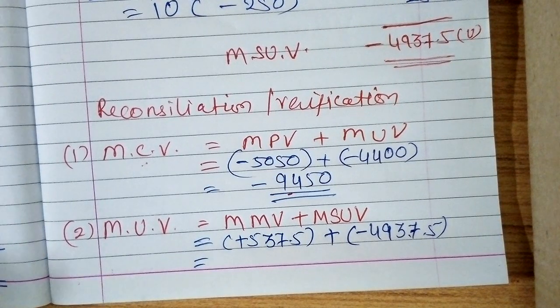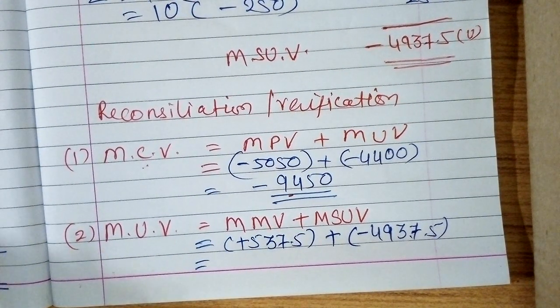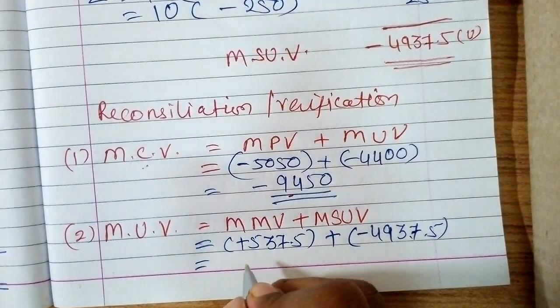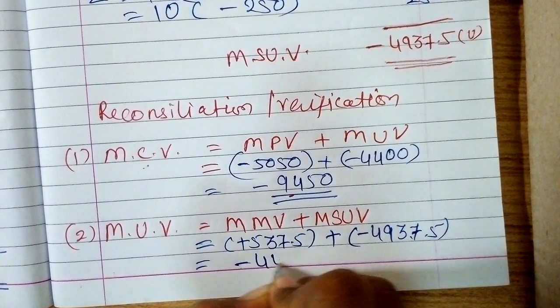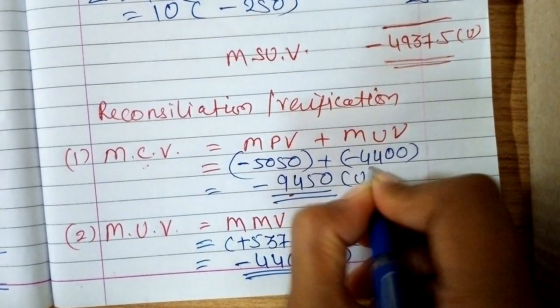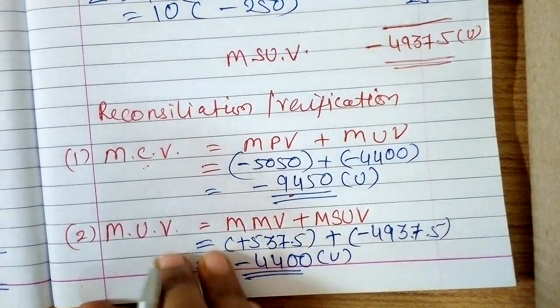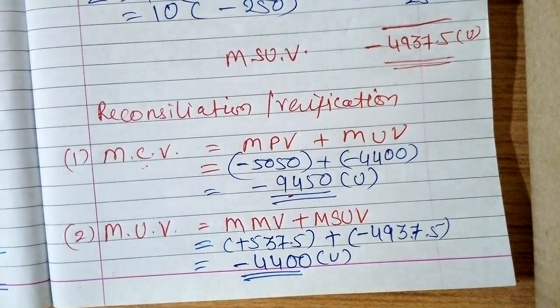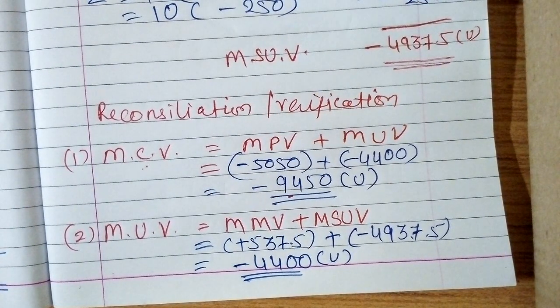So minus 537.5... So this is exactly equal to our usage variance, that is negative 4400, unfavorable, right? So likewise we can reconcile or verify the answer.